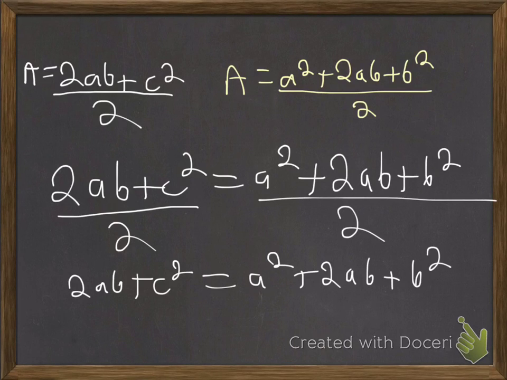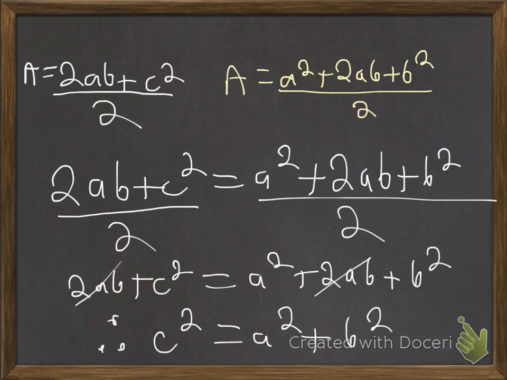That's it. And now, what do you notice cancels out? The 2ab's go away, and we are left with a squared plus b squared equals c squared. And that's the proof Garfield did. And he will probably be more remembered for finding a proof of the Pythagorean theorem than his presidency.